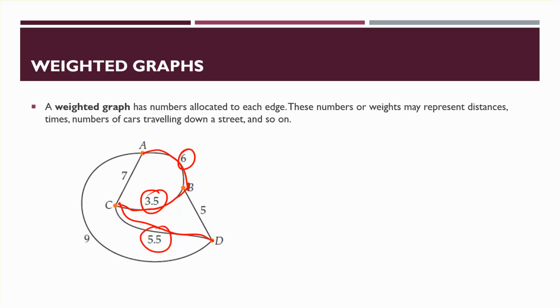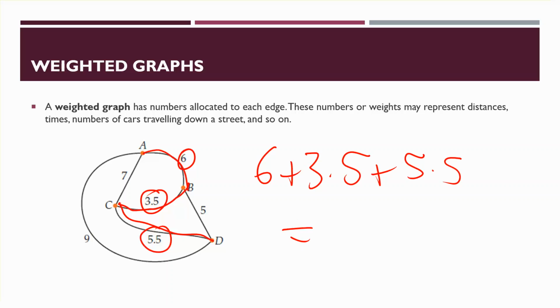We can work out the weight of the route they've taken. So it'd be 6 plus 3.5 plus 5.5. You could maybe call it kilometres rather than cars on the street. What's that? 8, 9, 15 would be our answer. So it'd be 15 kilometres from A to B, B to C, C to D. What would we call that? Well, that would be a Hamiltonian path because we've touched every vertex, but we have not used every edge.